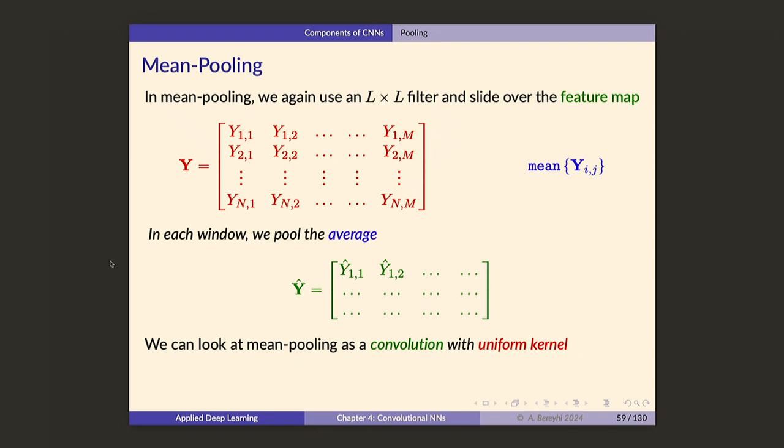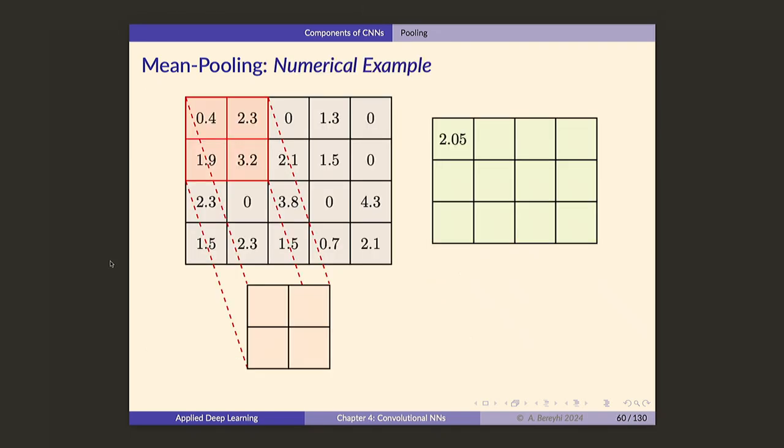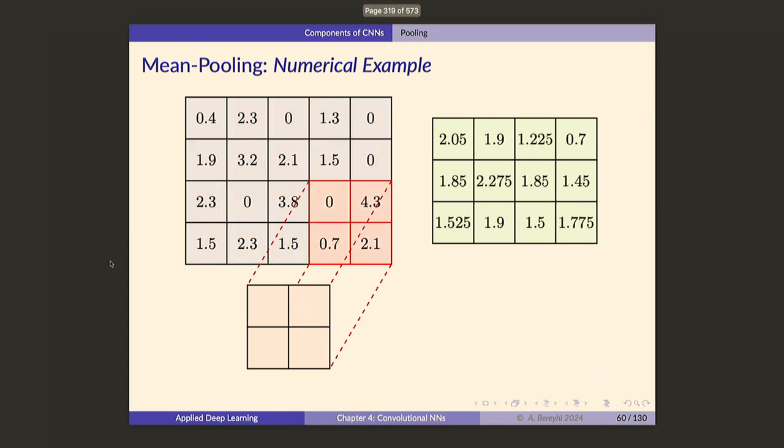Clear? So, for example, if I am doing mean pooling, I take this filter, look at this guy, and average them out, just sum them up and divide by 4, and I write it down here. And then I slide it next, look at that window again, average everything there, write it down there, and I can complete this output map by going through that. Okay?